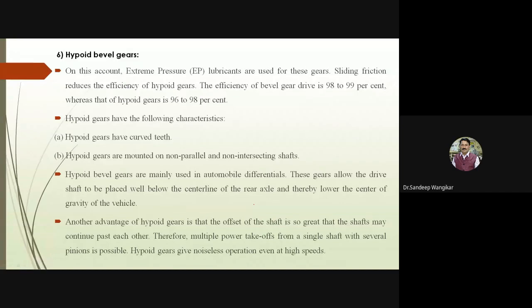So friction and sliding will give more friction, more heat will be generated and it reduces the efficiency. Therefore, EP additives are required, and the efficiency of bevel gear is 98 to 99%, whereas the hypoid is 96 to 98%. So there is somewhat of a reduction in percentage, and this reduction is due to this friction and sliding.